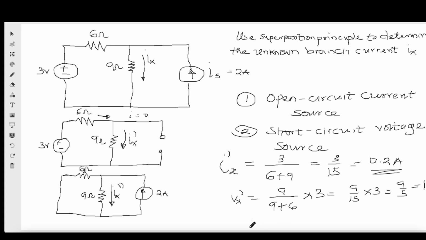And therefore Ix, using Ohm's law, we are still coming back to Ohm's law, is what? 1.8 volts over, what's the R? 9. And therefore will give us 0.2 amperes. You can see that we got the same answer. So which means that when the voltage source is standing alone, Ix prime is equal to 0.2 amperes.